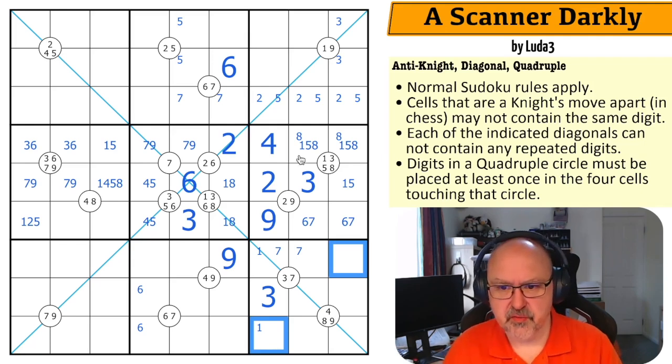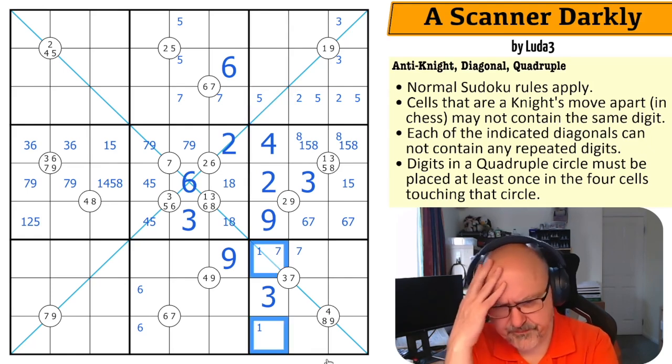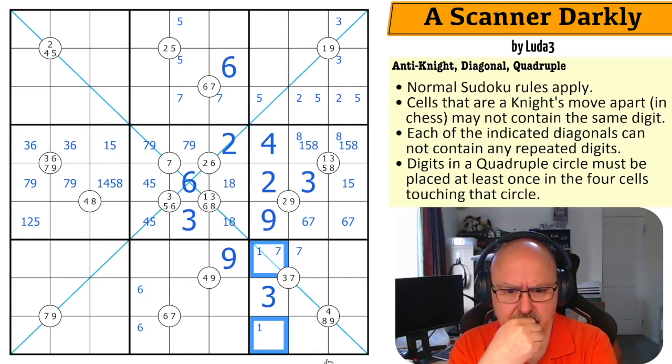Well, this is not the 2 because of that 2. So 2 is in one of those 2. 1 is not in... Oh, yeah, 1. I've already got 1 down here. There's something about the diagonals I have absolutely fundamentally missed, I'm sure.